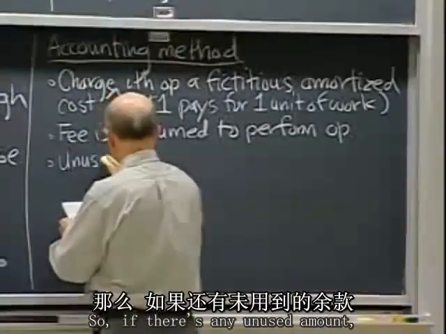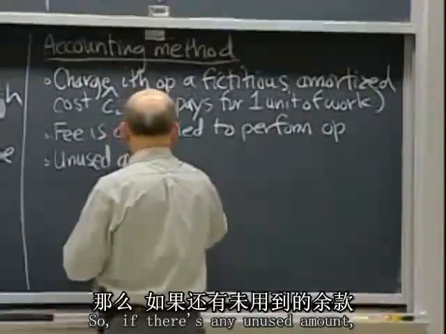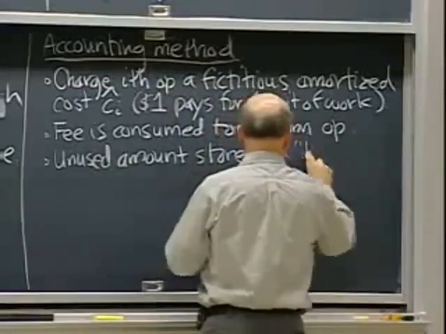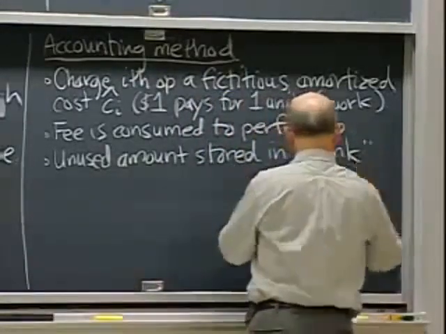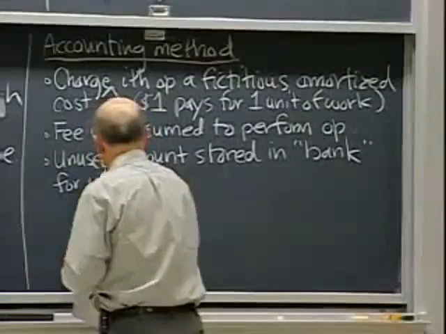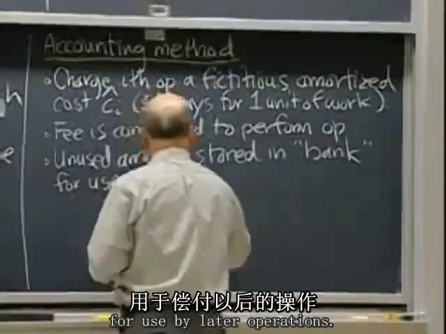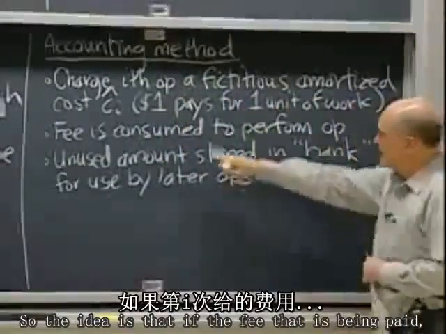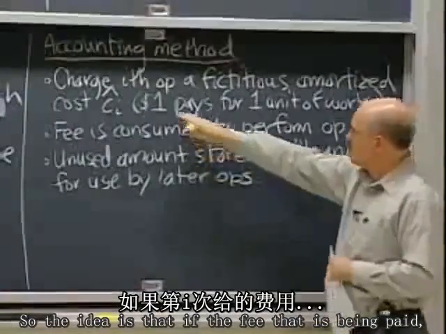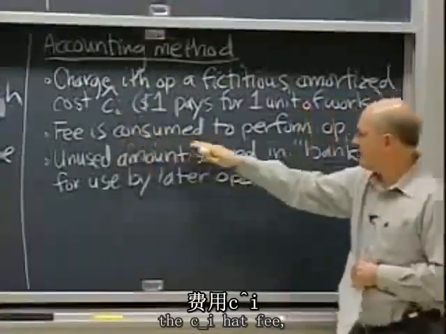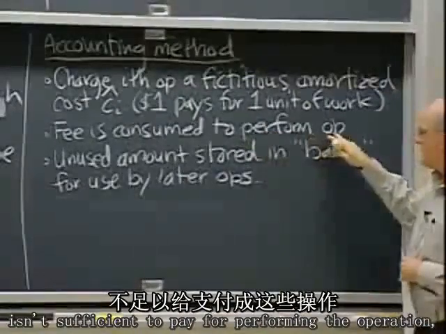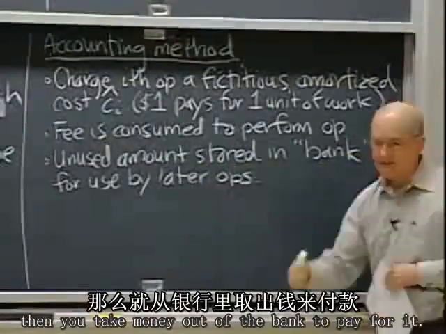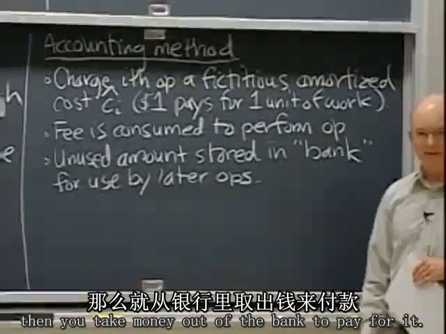So if there's any unused amount, it's going to be stored in the bank for use by later operations. So the idea is that if the fee that is being paid, the C sub I hat fee, isn't sufficient to pay for performing the operation, then you take money out of the bank to pay for it.